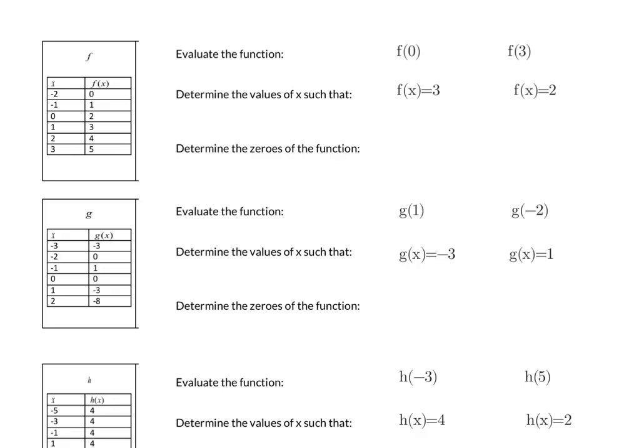So for instance, if I look at f of 0, 0 is an x coordinate. We want to know what is y when x is 0 in our table. So if we come over to our table, when x is 0, y is 2. So f of 0 is 2.